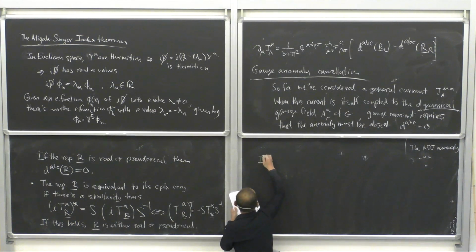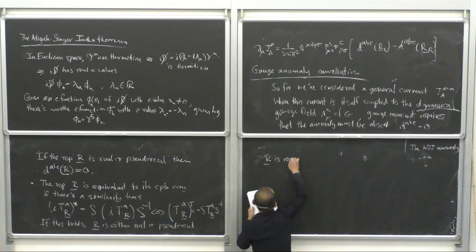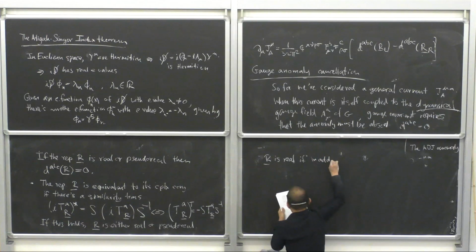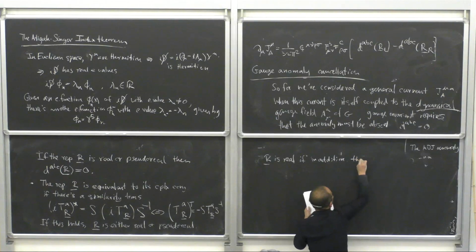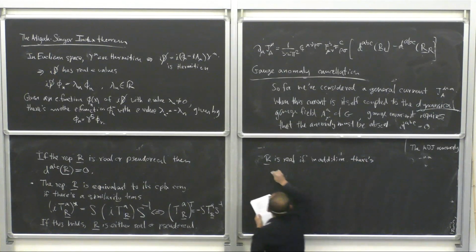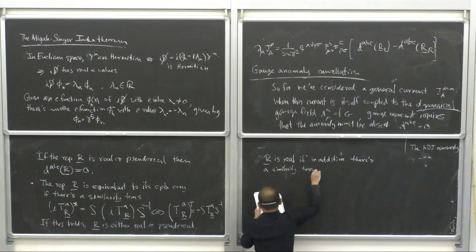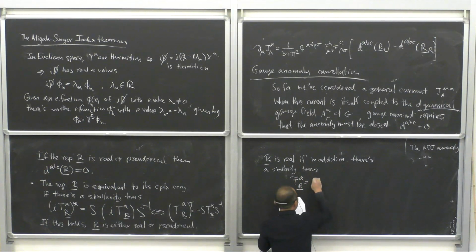It is real. R is real if, in addition, there is a similarity transformation T tilde A of R, I'm sorry, there are too many R's.